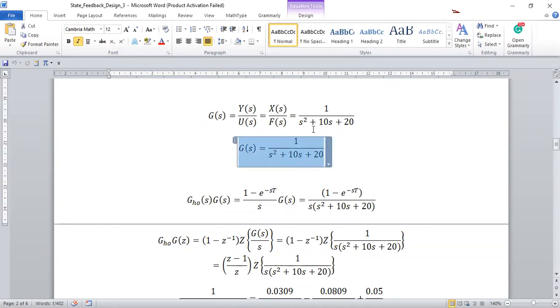The S domain is the continuous time domain, and that's not the way the computer sees it, because it is a digital computer, a discrete system.